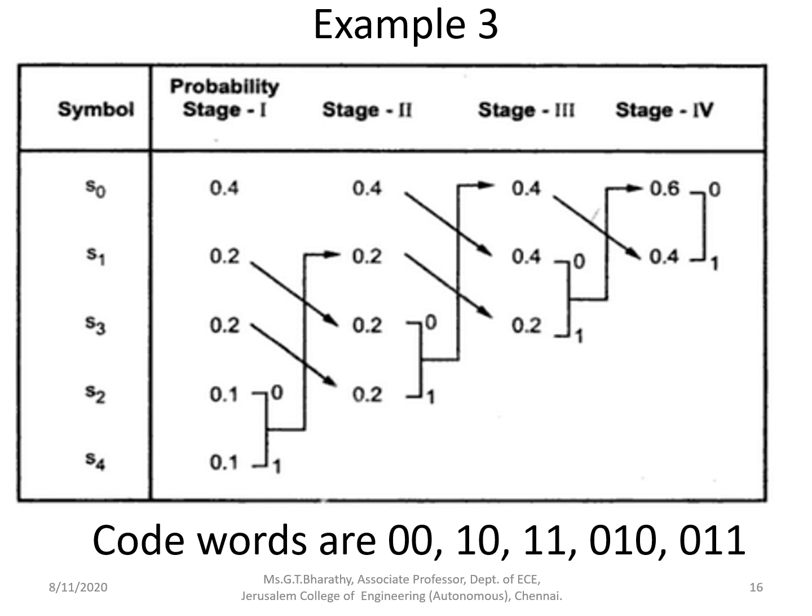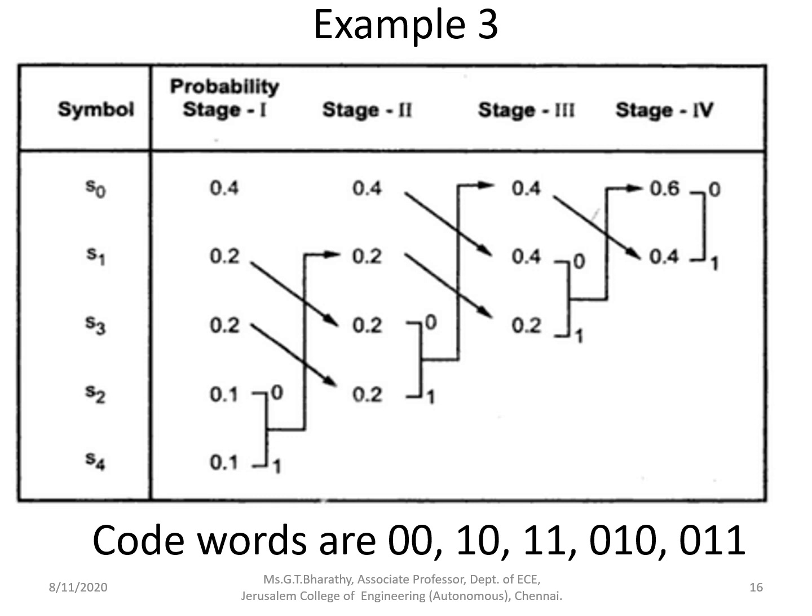So for 0.4 it is 0 followed by another 0. So 0 0 is the code word. For S1, 0.2, it is 0 1. So 1 0 is the code word. For S3 it is 1 1. So 1 1 is the code word.